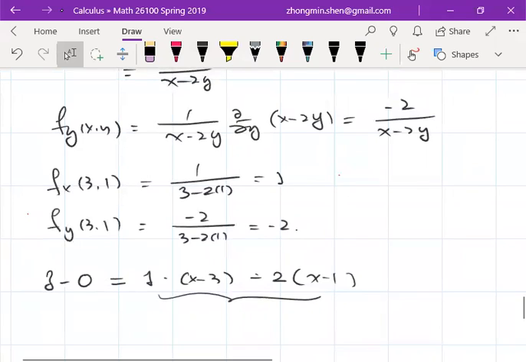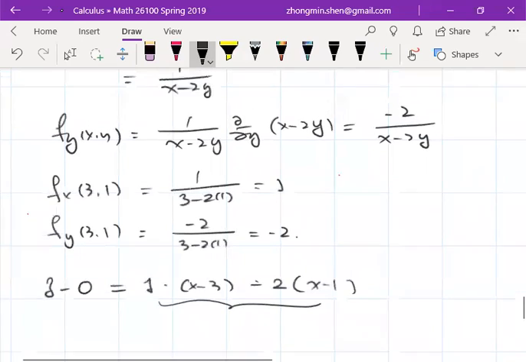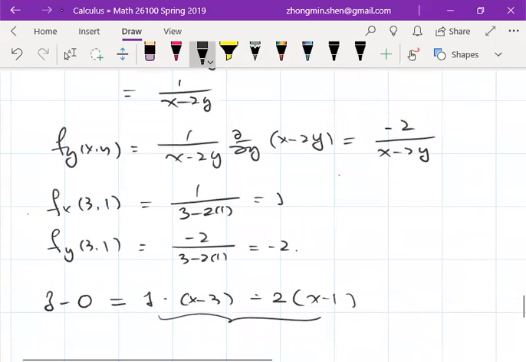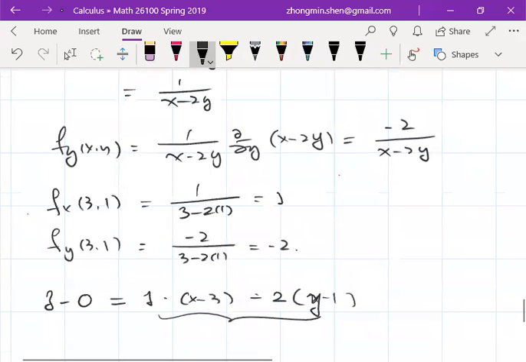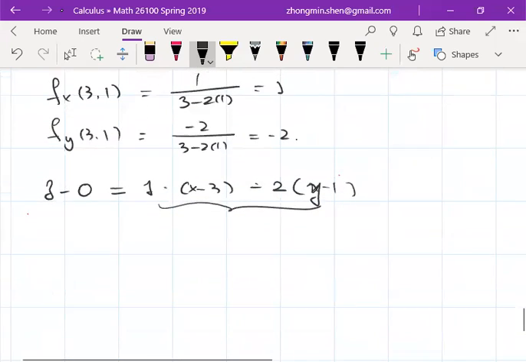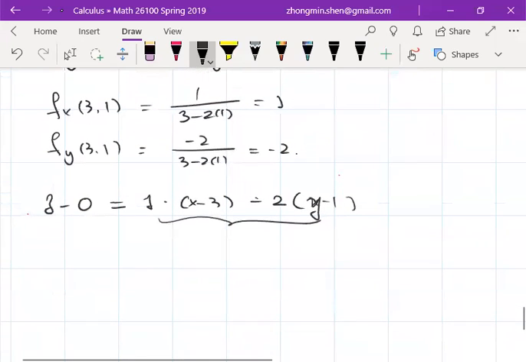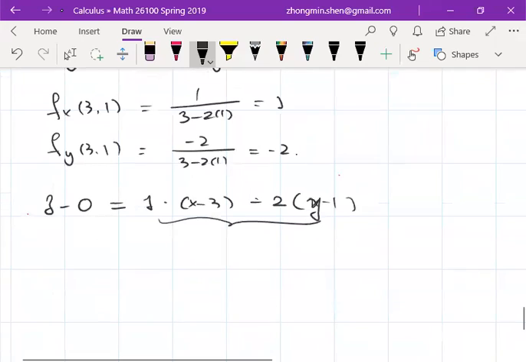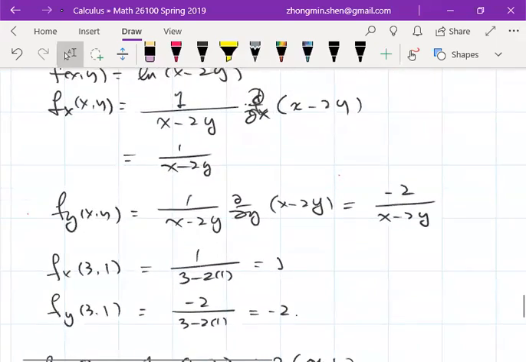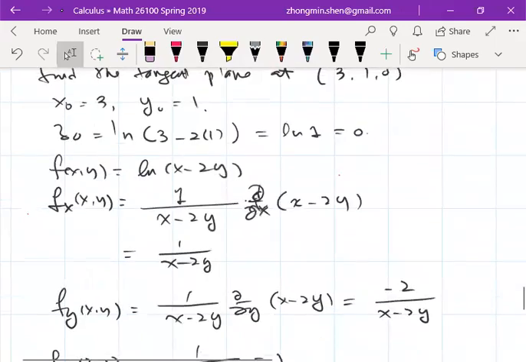No, not plus 2, because this derivative is negative 2. Y minus 1. Yeah, look at this equation.